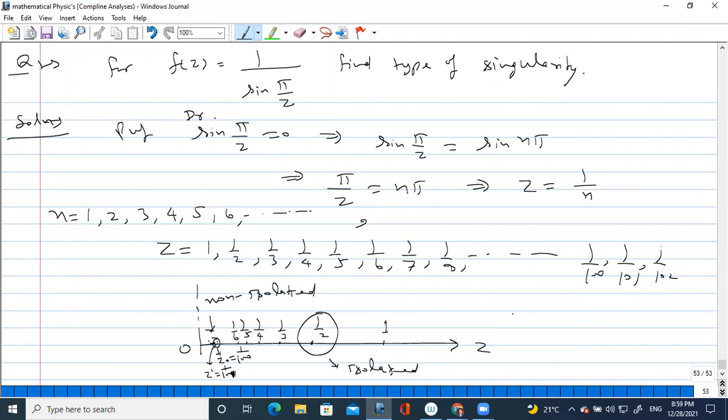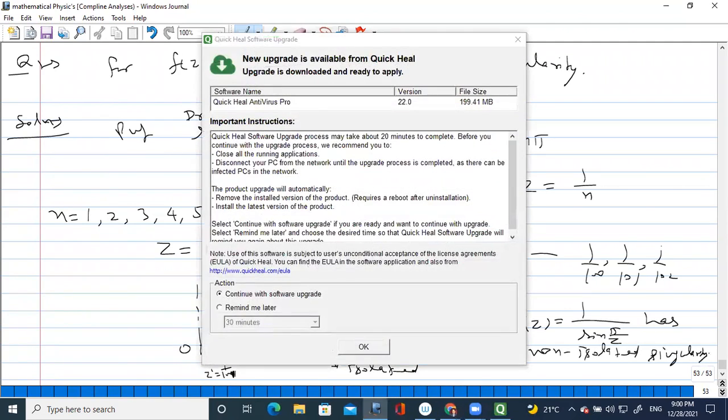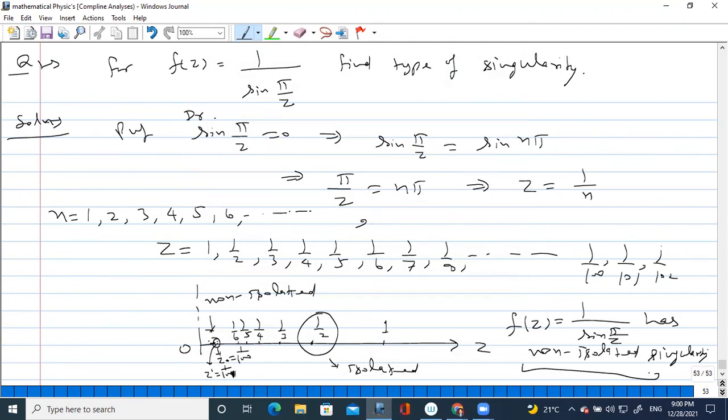So we can say that f(z) equal to 1 upon sin(pi by z) has non-isolated singularity. Some singularities are isolated also, but because this is the main thing we want to say, this is the final answer. Note it down.